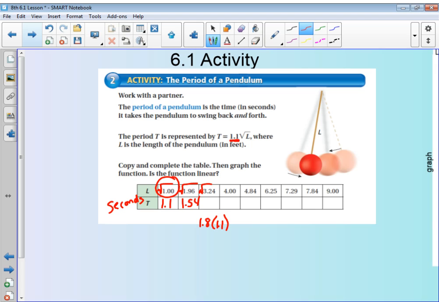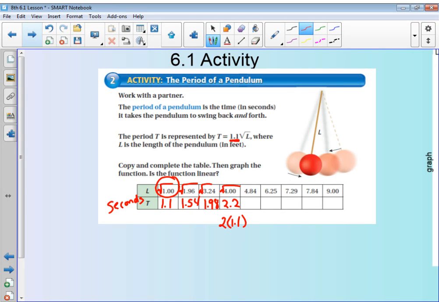When I do that, I get 1.98 seconds. My next one, the square root of 4 is 2. That one I can do in my head because it's a perfect square number that I've known since I was learning my multiplication facts. Then I take that times 1.1, which gives me 2.2.